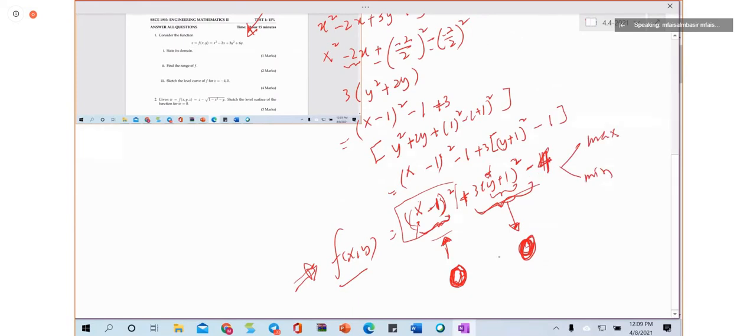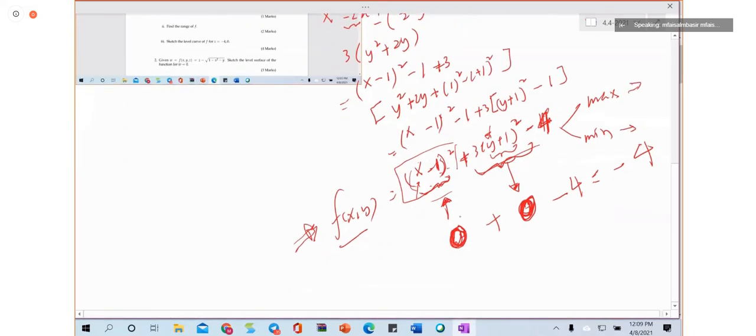Okay, so 0 plus 0 minus 4 will be negative 4. So this is one of the values, but we don't know either max or min. Then, what is the maximum value inside here? Minimum is 0, maximum? Infinity, right? 1,000, 10,000.